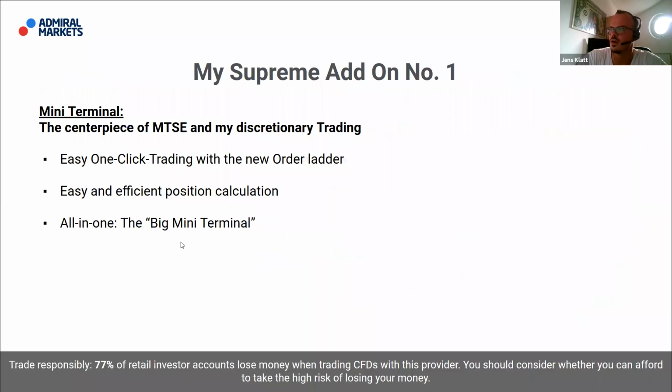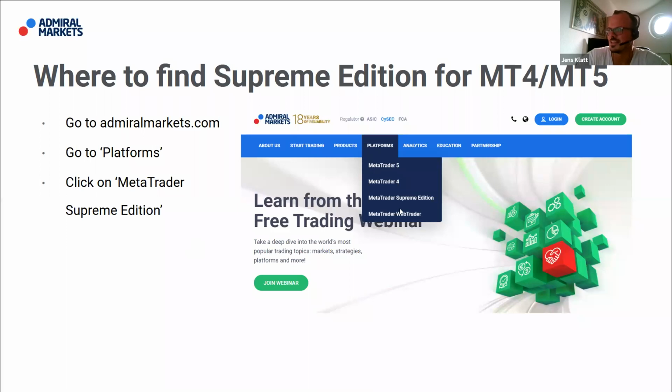You click on this one, and then you are able to download it for whichever platform you want, MT4 or MT5, and you also find all the details around these add-ons described on the platform.